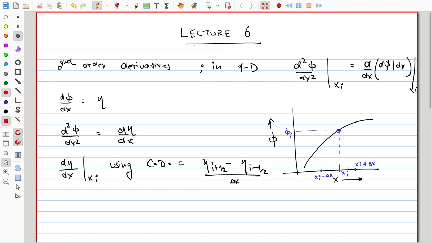So i plus half is somewhere here, and this is i minus half. The x location is xi plus delta x by 2, and xi minus delta x by 2. I can do that to calculate the slope at the blue point.